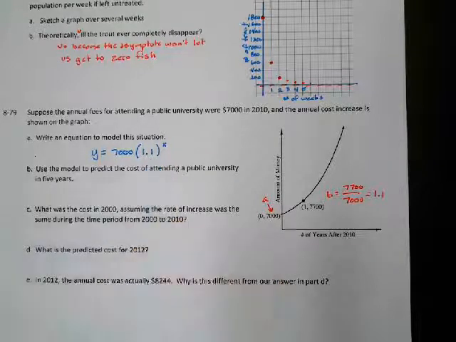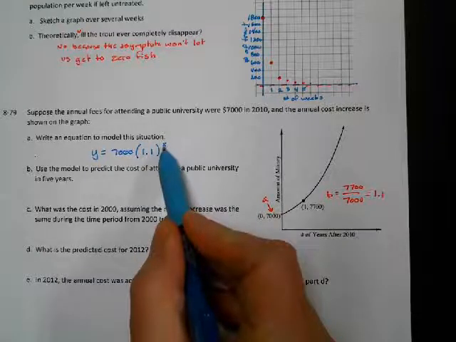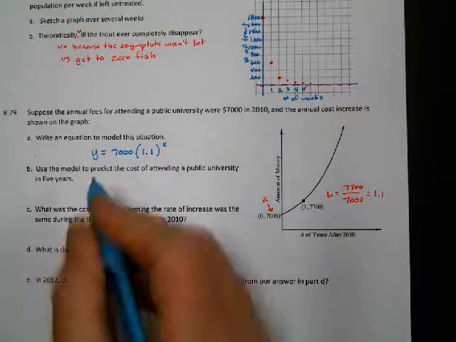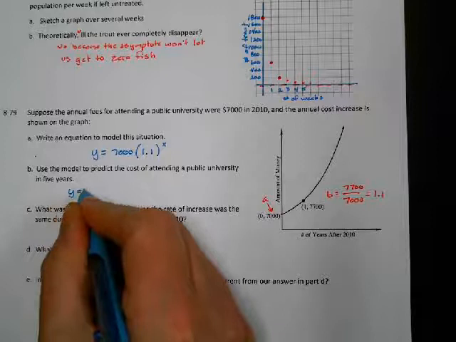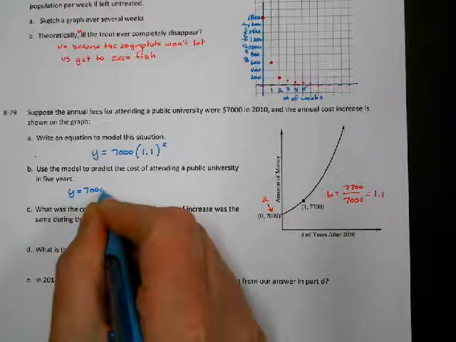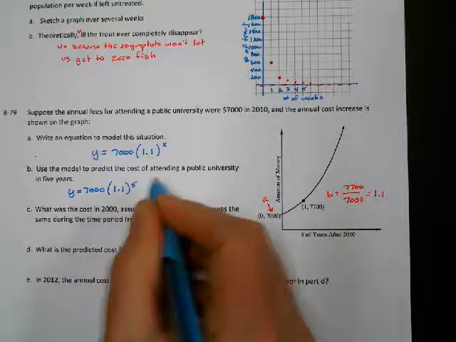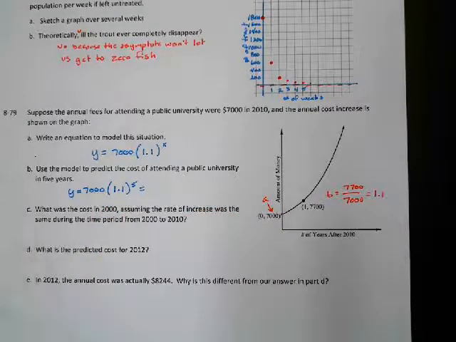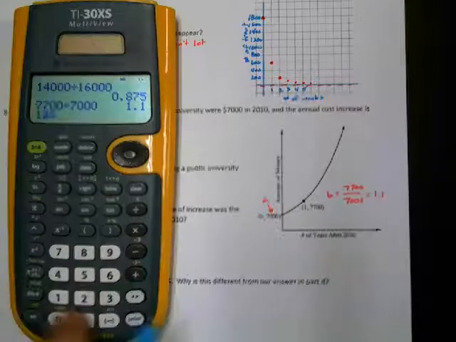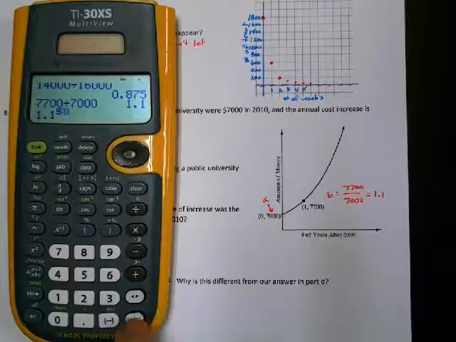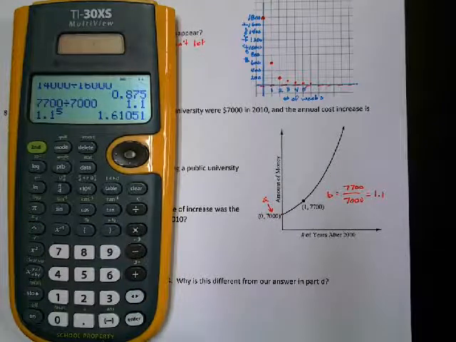Use the model to predict the cost of attending a public university in 5 years. So that would mean that our x value is going to be 5. So we would say y equals 7,000, and then we're going to do 1.1 to the 5th power. All right, let's see how much it's going to cost. 1.1 to the 5th power is that number, and then I'm going to multiply by 7,000.